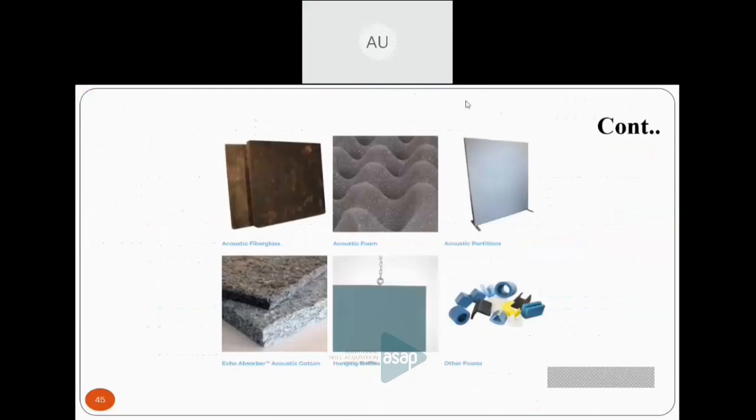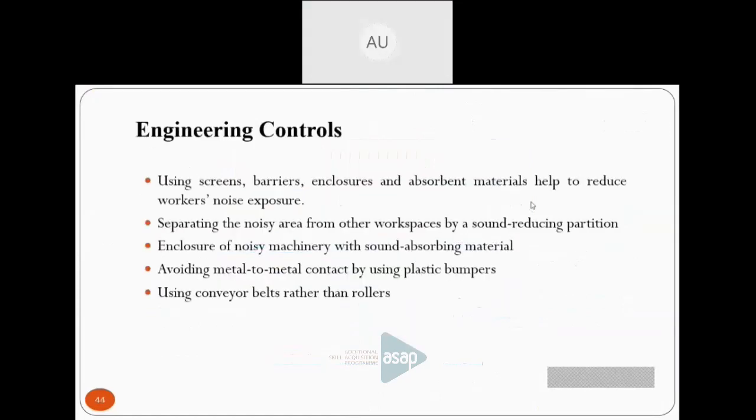First question, how can we control or reduce noise like continuous noise? Here you can use engineering control measures, like barriers or screens. That is the first way.